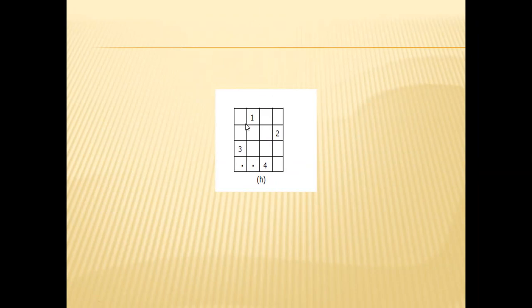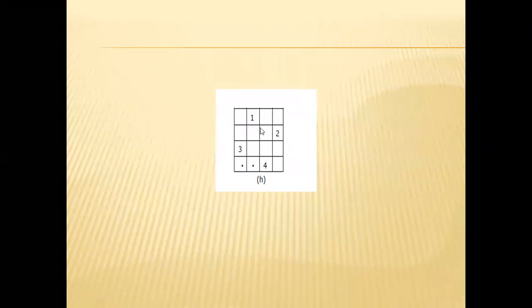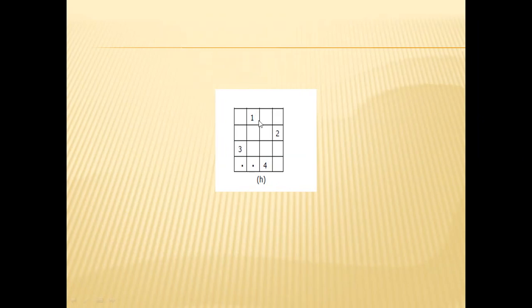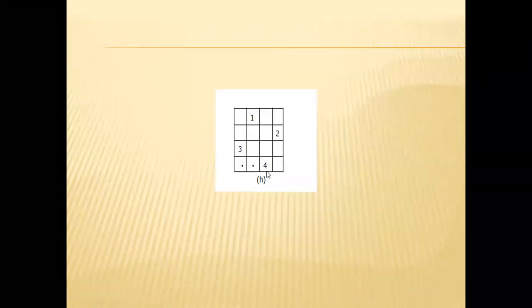Suppose we have the first row, second row, third row, and fourth row. The column value of the first row is represented by x1, the second row column value by x2, the third row column value by x3, the fourth row column value by x4.